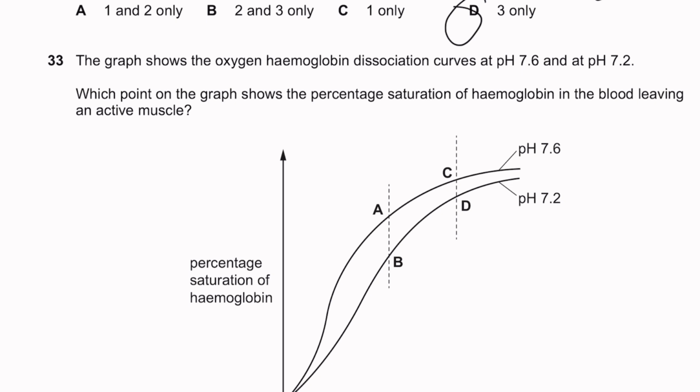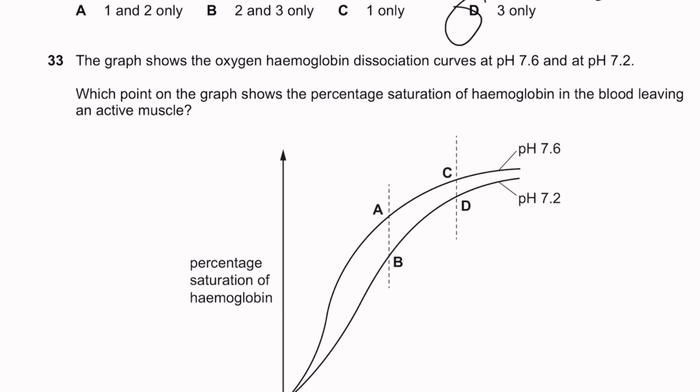Question number 33. The graph shows the oxygen hemoglobin association curves at pH 7.6 and 7.2. Which point on the graph shows the percent saturation of hemoglobin in blood leaving an active muscle? Blood leaving active muscle is going to have a low pH because of the high concentration of carbon dioxide released by aerobic respiration.